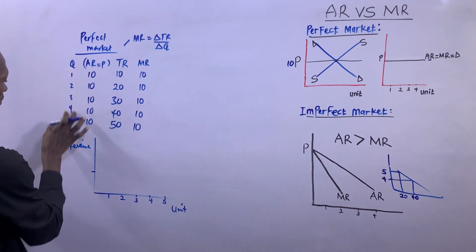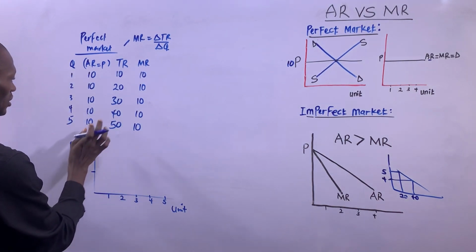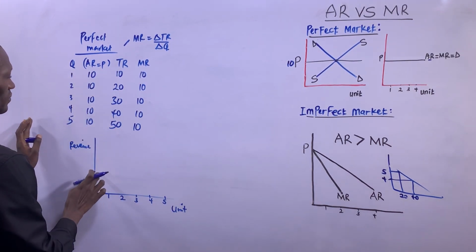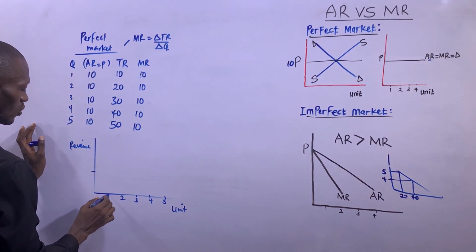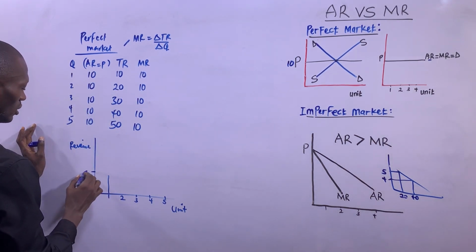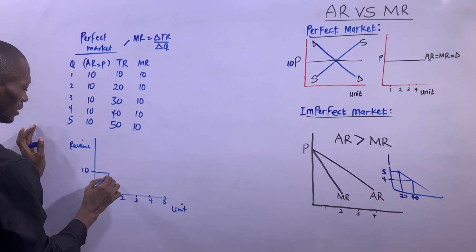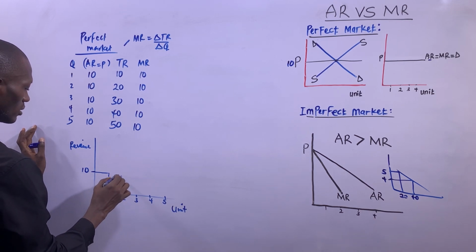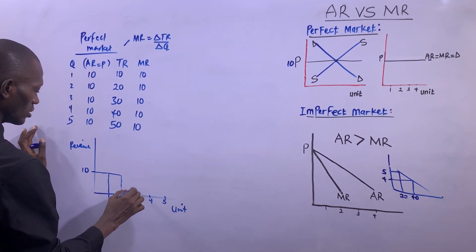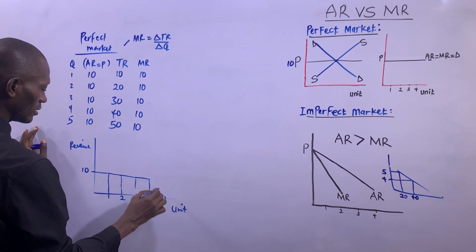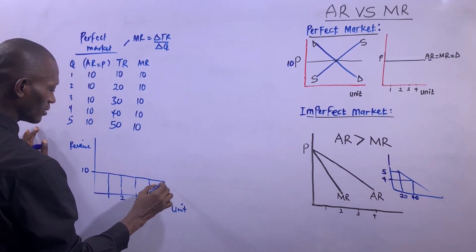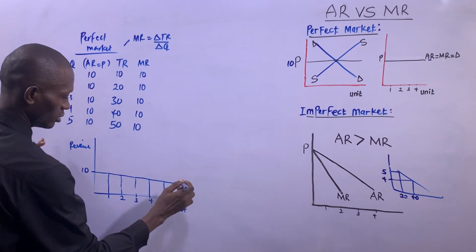The revenue is average revenue. Let's draw it now. When one unit is produced, it's 10. When 2 units, it's 10. 3 units, that's 10. 4 units, that's 10. 5 units, that's 10.